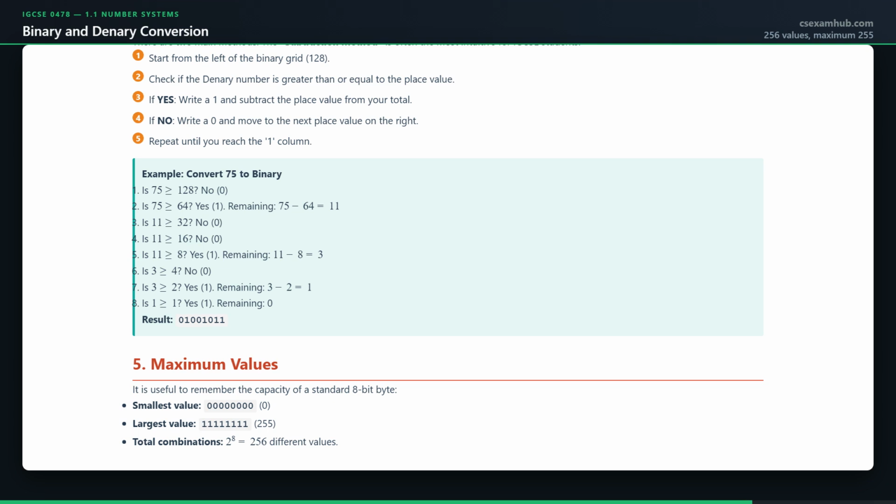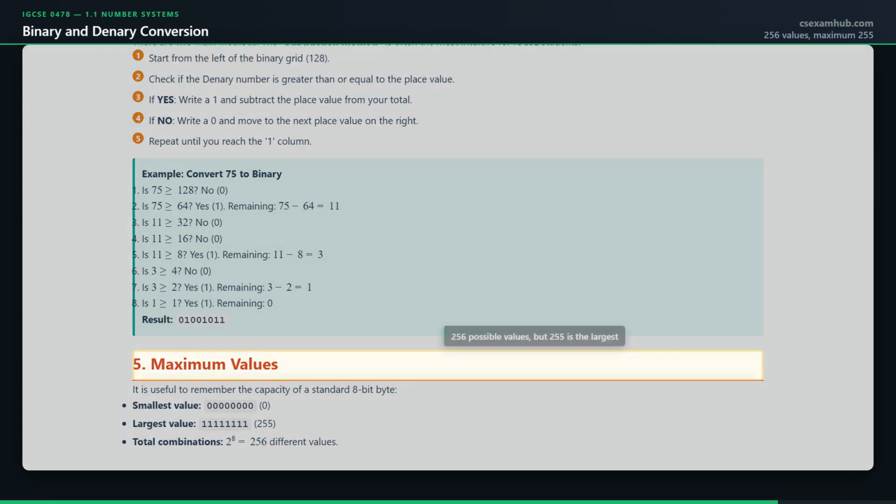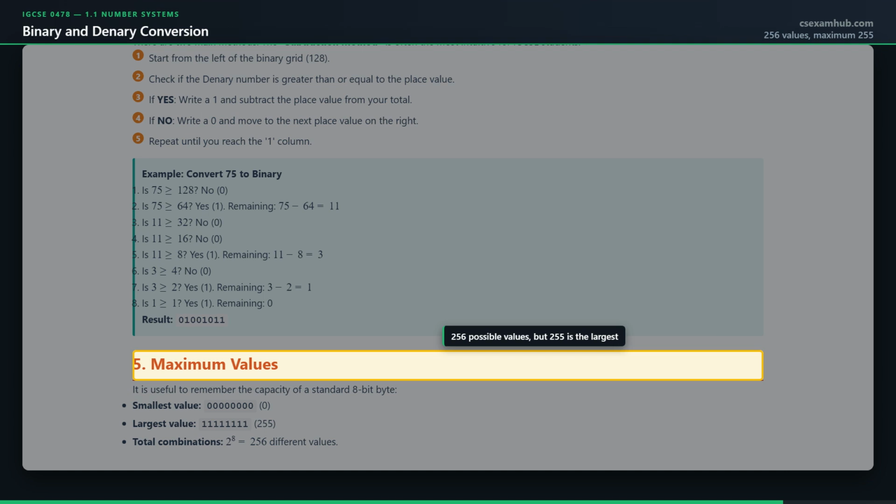With 8 bits, every column switched on gives 128 plus 64 plus 32 plus 16 plus 8 plus 4 plus 2 plus 1, which is 255. But 8 bits can represent 256 different values. Both numbers are correct and they are answers to different questions. The count of possible values is 2 to the power of the number of bits. 2 to the 8 is 256.